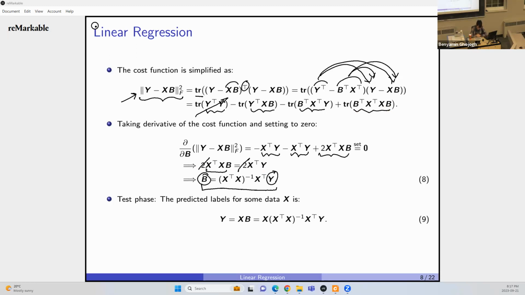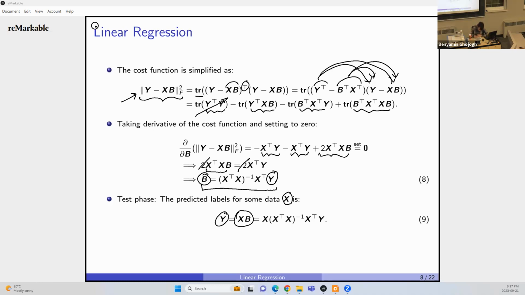In the test phase, again, I prepare my X the same way that I prepared my X for training data, and my prediction is XB. The previous one was X beta. This is XB, right?